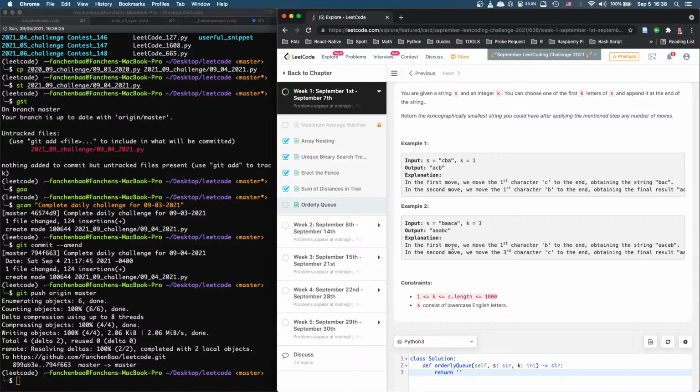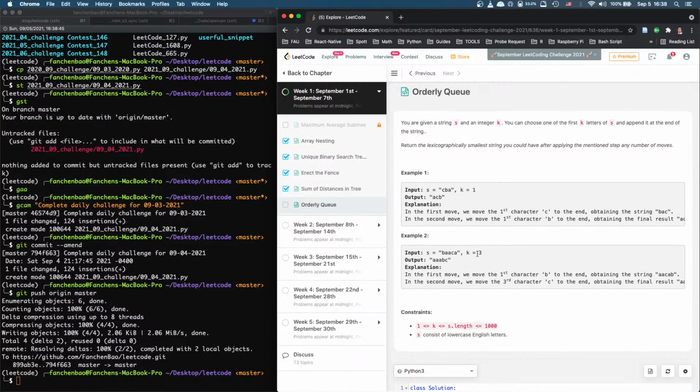So yeah, that is my conclusion. If k is larger than half the size of the original string, we can always return the sorted string. Yes, so k is 3, larger than half, we're good. If k is equal to half, I think it's also good.